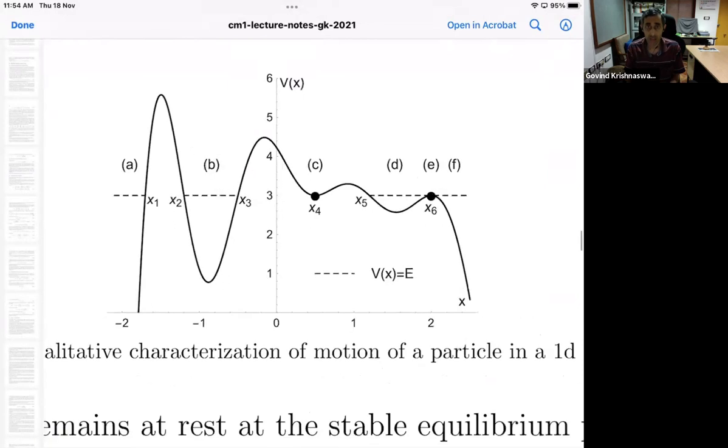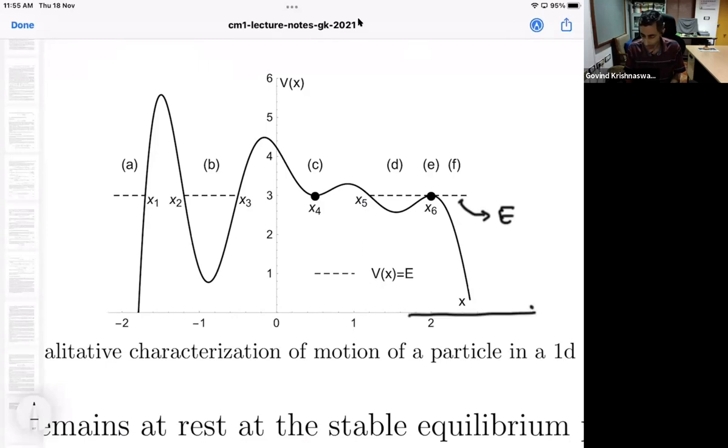The potential is indicated here, and the energy is indicated by this dashed line. The particle moves along the horizontal x-axis, and the potential is plotted on the vertical axis.